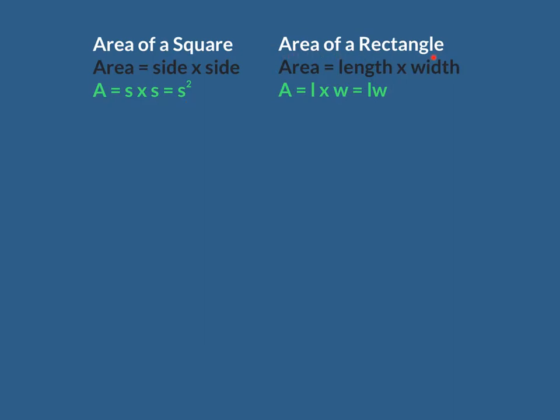The area of a rectangle would be the area equals length times width, or the area equals L times W, or just LW.